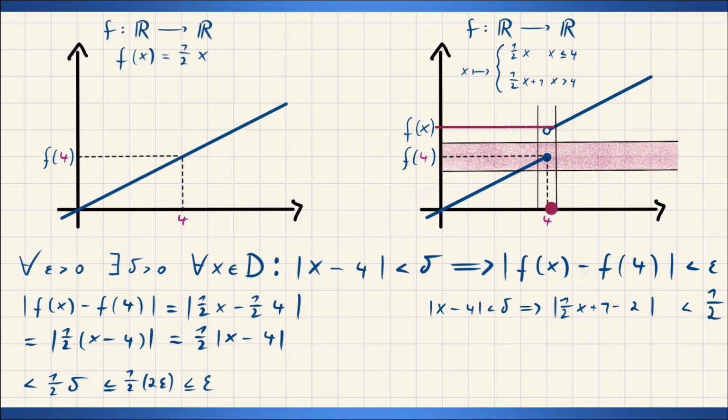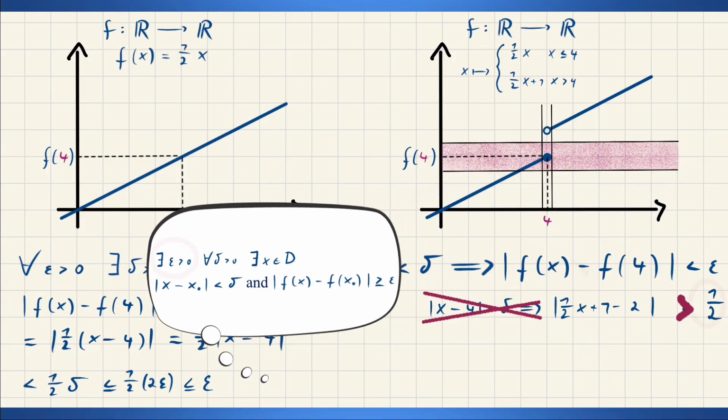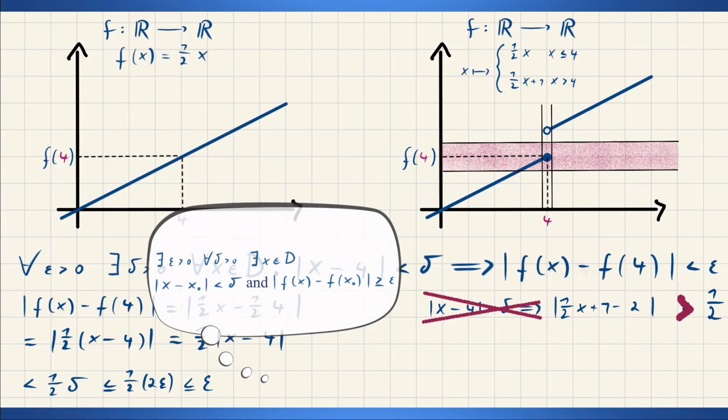So the difference with f of x0 is always greater than 1, which is certainly larger than epsilon. Here we applied the negation from before. There exists an epsilon such that for all delta, an x exists with the absolute value of f of x minus f of x0 greater than or equal to epsilon. Therefore, the function is not continuous at 4.